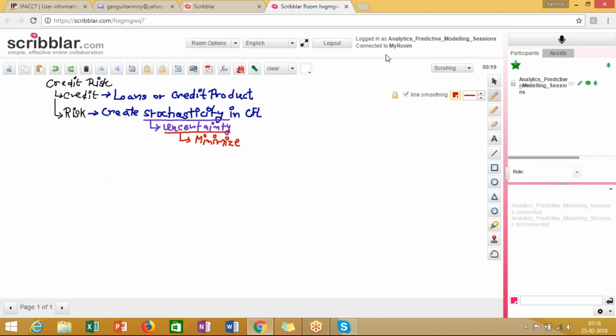Now, credit extended out by banks is a source of profit for the bank.